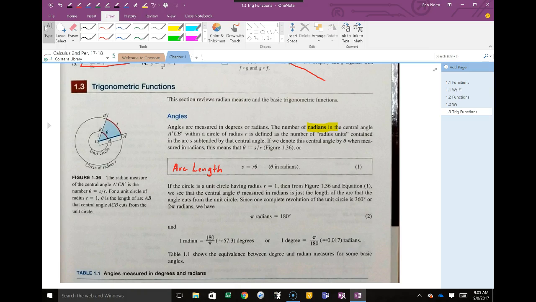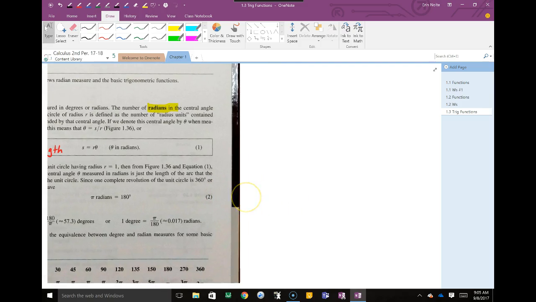A radian is directly related to circumference. Does anybody remember what the circumference of a circle is? 2 times pi times the radius. So let's say we let our radius equal 1. What would be the circumference of that circle? 2 pi.